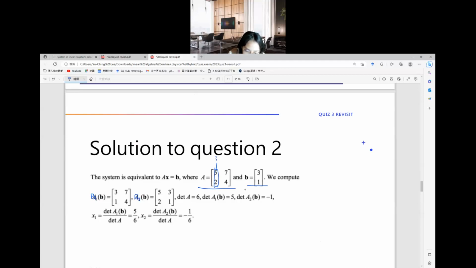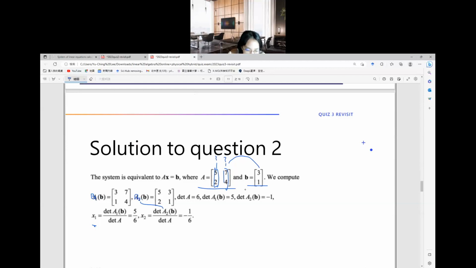And for the B2 matrix, I replace my second column by 3, 1, and the first column remains 5, 2. So 5, 2, 3, 1 is my B2 matrix. I compute x1 as the determinant of B1, or this A1 of b, divided by the determinant of A. And then x2 equals the determinant of this B2, or A2 of b, that's just a difference of notation, divided by the determinant of A.